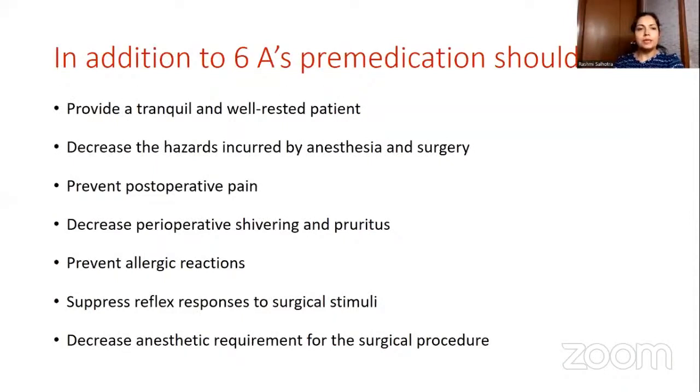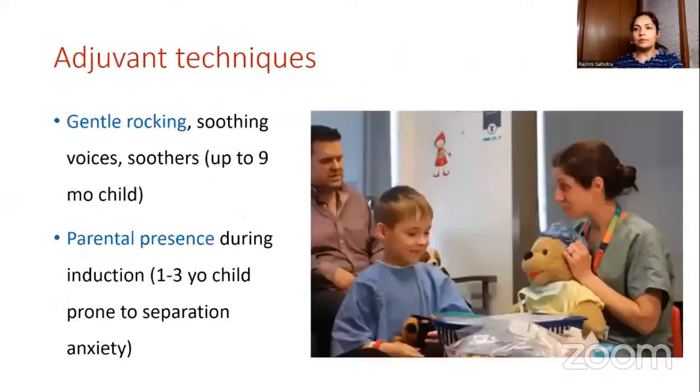Aside from that, a pre-medicant drug should provide a tranquil and well-rested patient, decrease the hazards incurred by anesthesia and surgery, prevent postoperative pain, decrease perioperative shivering and pruritus, prevent allergic reactions, suppress the reflex responses to surgical stimuli, and decrease the anesthetic requirement for the surgical procedure. Besides the pre-medicant drugs that we can use, I will come to that later on.